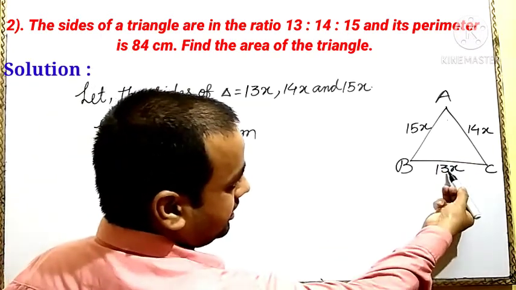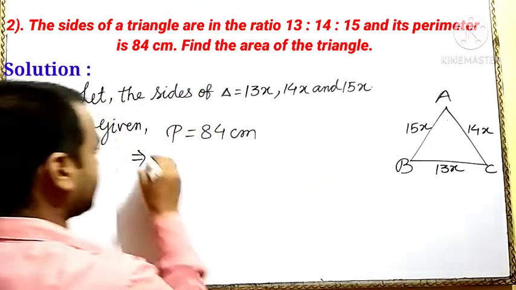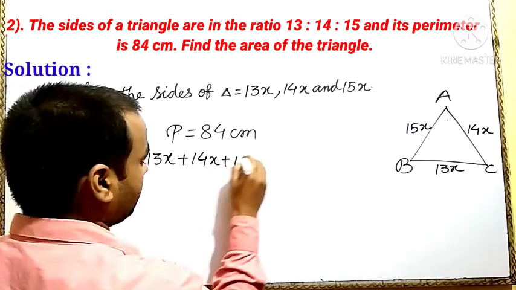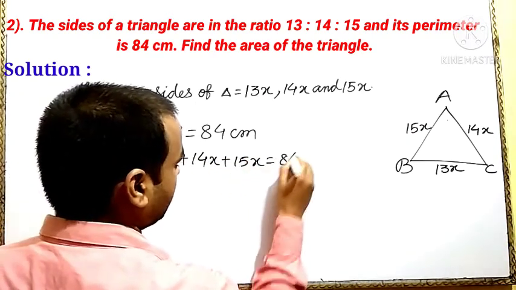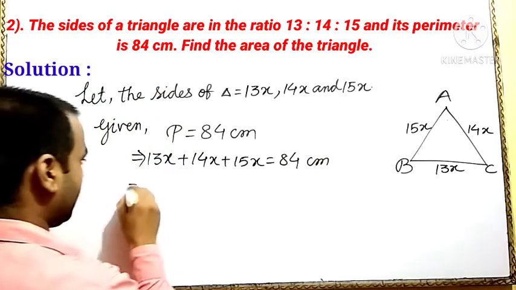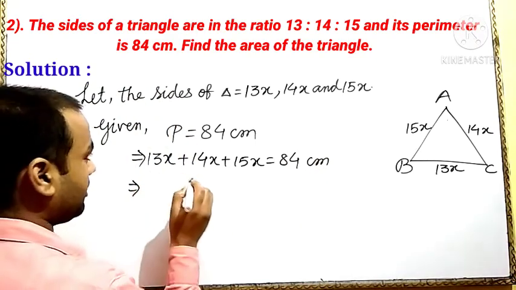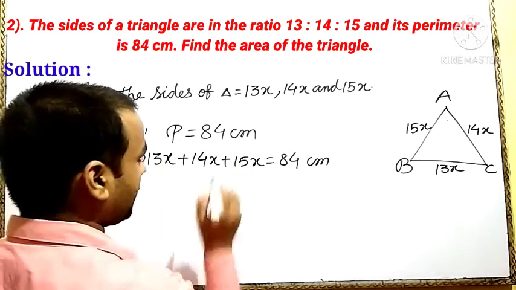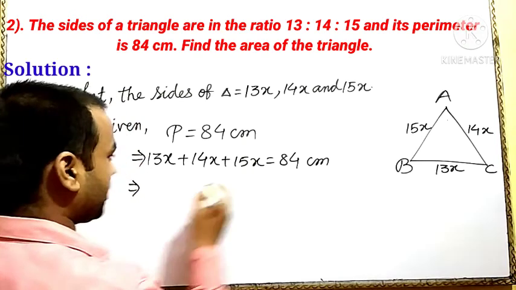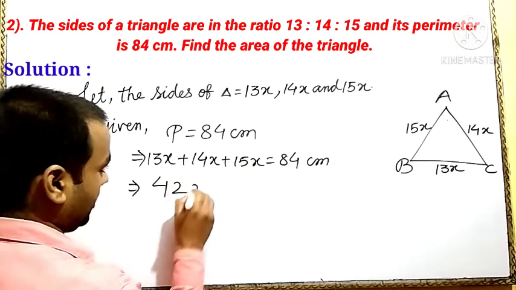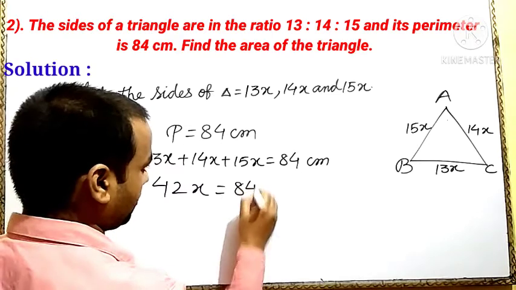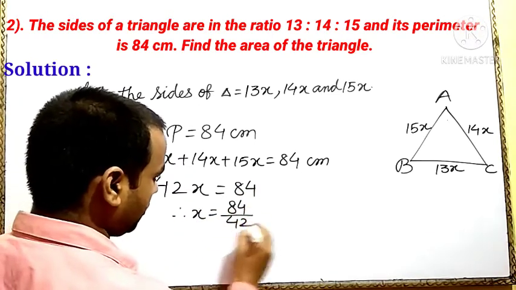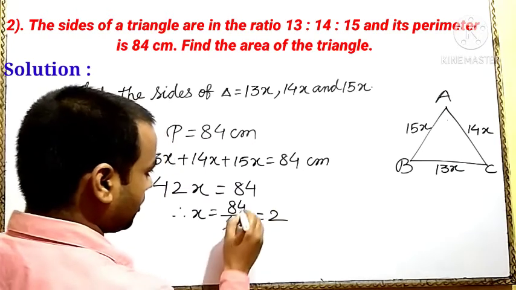Here 13x plus 14x plus 15x is equal to 84 centimeter. 13 plus 14 we get 27, 27 plus 15 we get 42. So 42x is equal to 84. Therefore x is equal to 84 upon 42, we get 2.